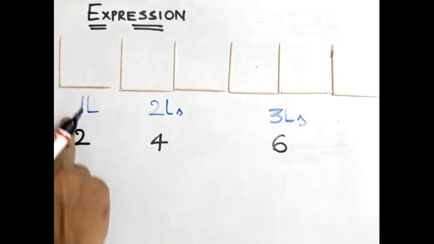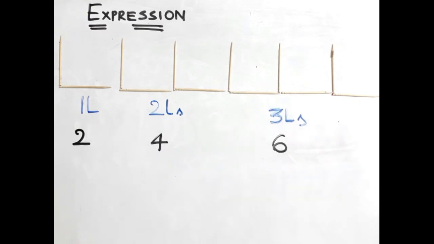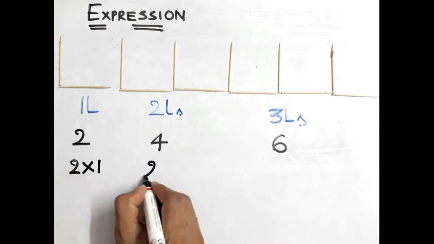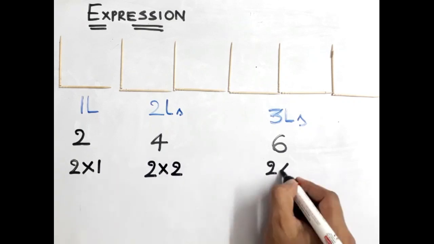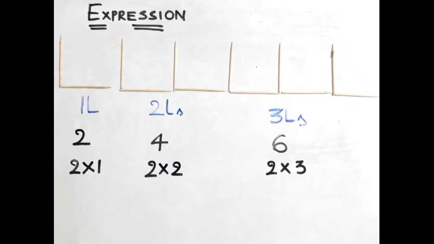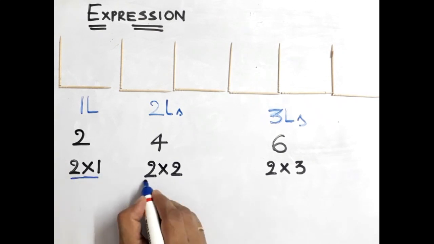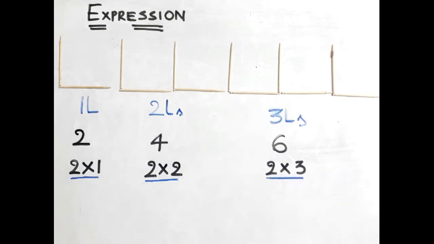So for 1 L we required 2, for 2 L's we required 4, and for 3 L's we required 6. Now I am writing this 2 as 2 into 1, this 4 as 2 into 2, and this 6 as 2 into 3. So for 1 L, 2 toothpicks is expressed as 2 into 1, for 2 L's it is expressed as 2 into 2, and for 3 L's it is expressed as 2 into 3.